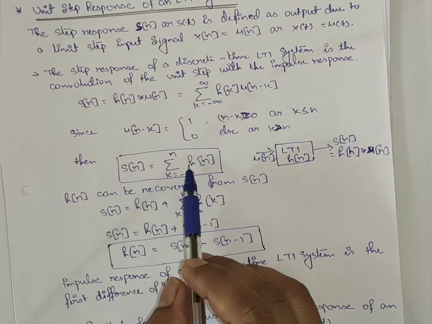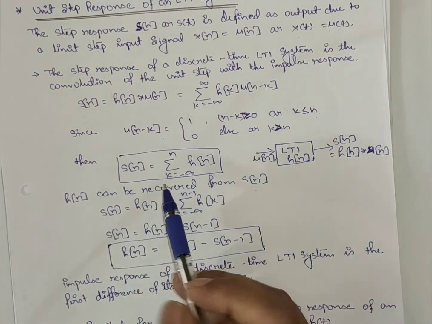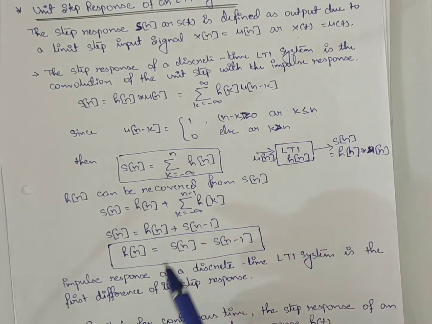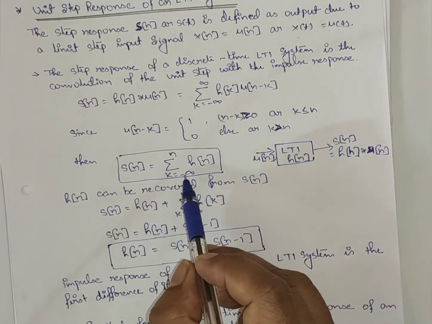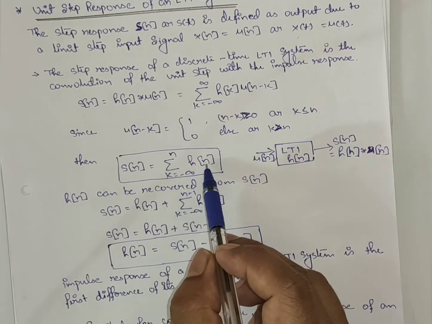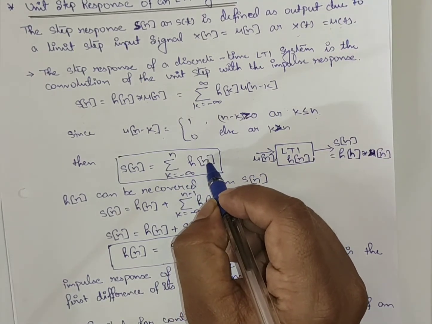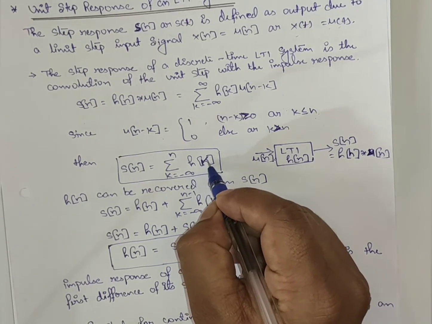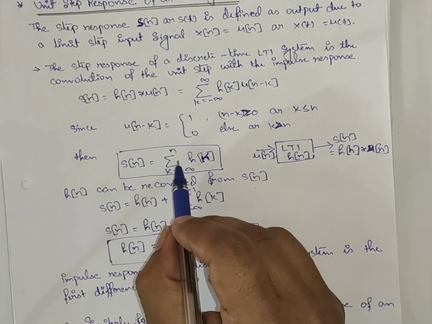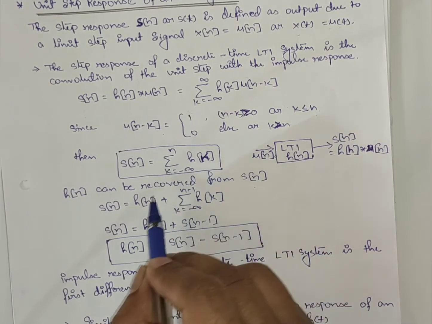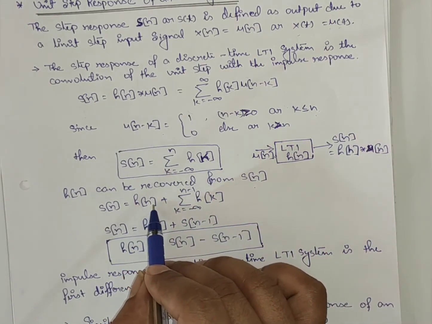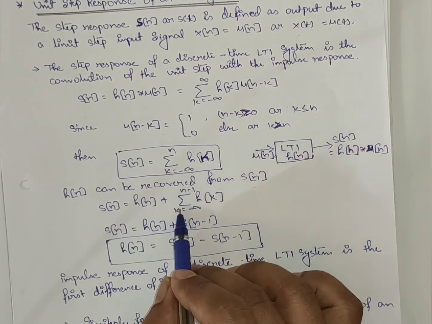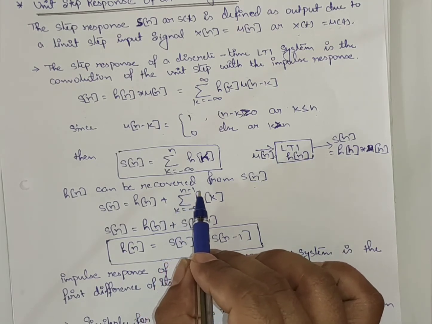If the step response is given, we can obtain the impulse response. We divide the summation into two parts. One part is when we put k equal to n, which gives h[n], plus the summation of h[k] from k equal to minus infinity to n minus 1.